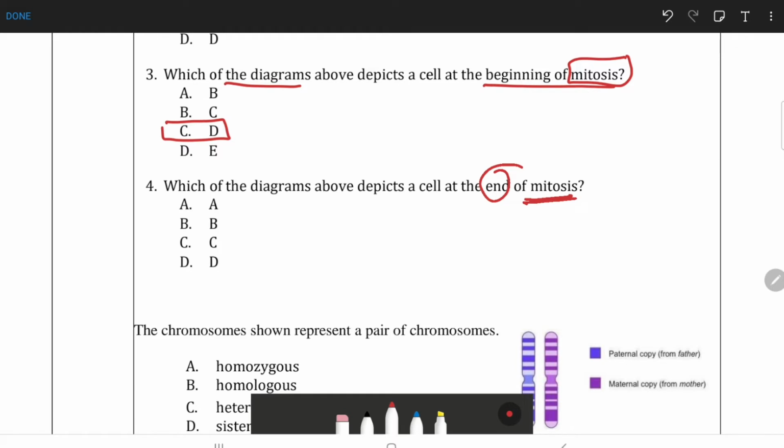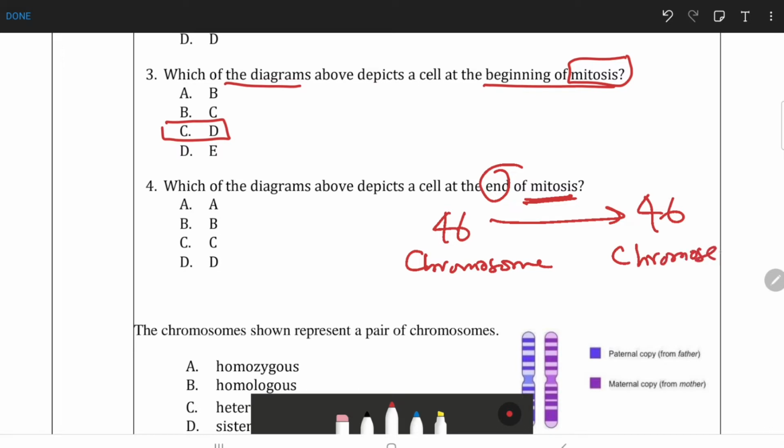If mitosis starts with 46 chromosomes, it will end up with cells with 46 chromosomes. Once the mitosis is completed, you get the whole chromosome number over here. So definitely it is B.